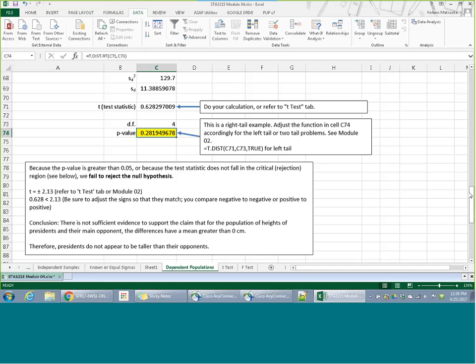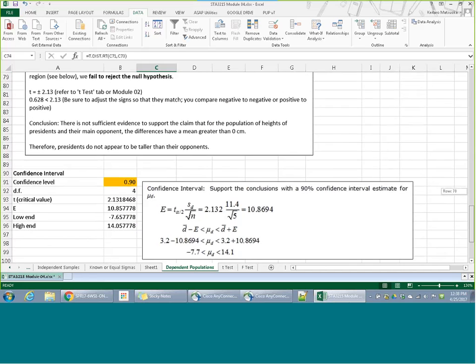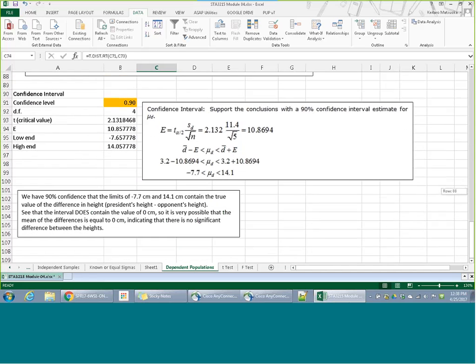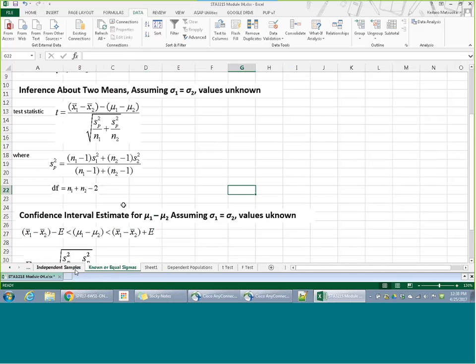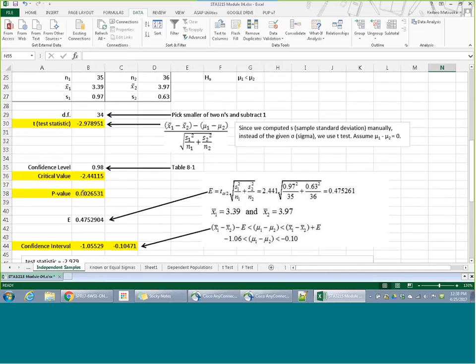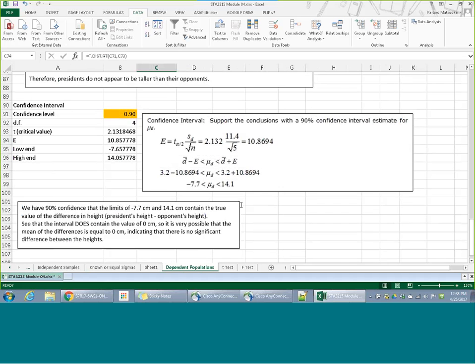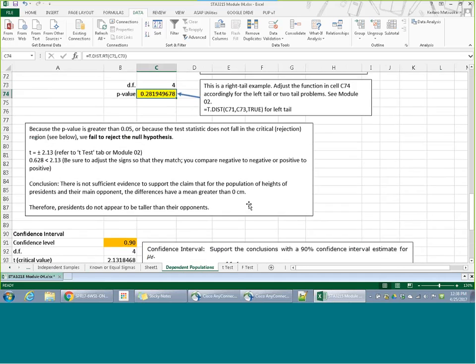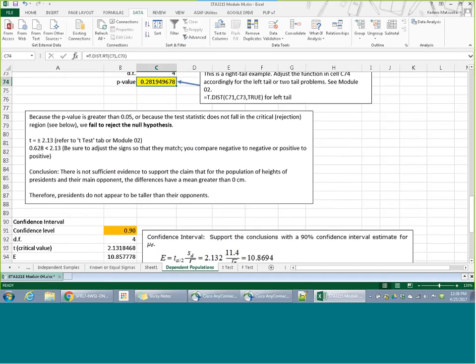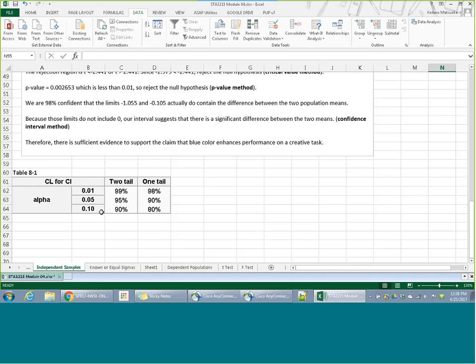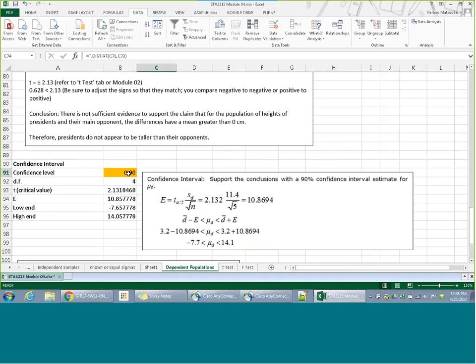Okay. So how do we do the confidence level, confidence interval method? Well, again, we have to use a table. Okay. And we're doing one tail with 0.05, so 90. Confidence level is 90%. That's why I have 90% here.